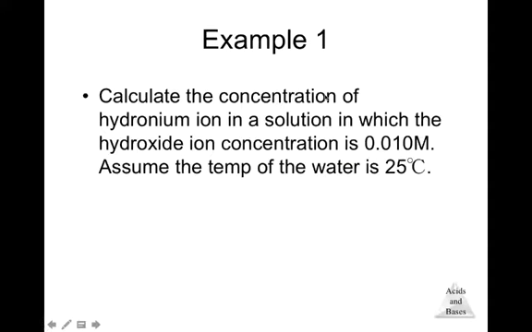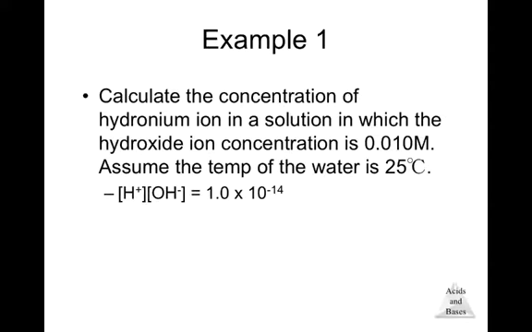So, as an example, what can we do with this information? What kinds of questions might you be asked to do? Calculate the concentration of hydronium ion in a solution in which the hydroxide ion concentration is 0.010 molar, assuming the temperature of the water is 25 degrees Celsius, which it pretty much always is going to be in these cases. So how can we do this?